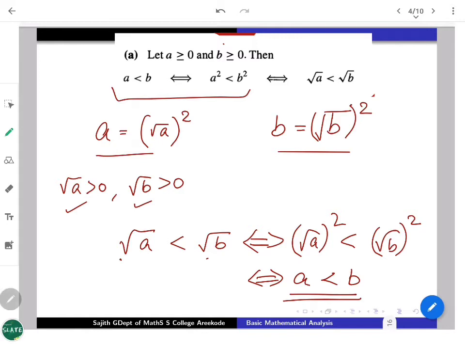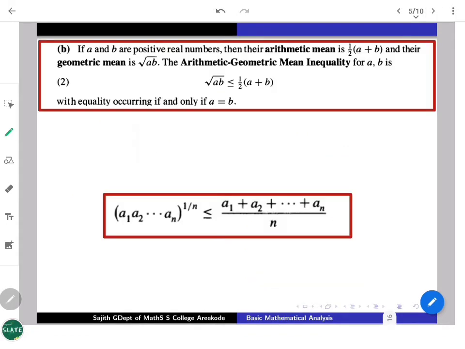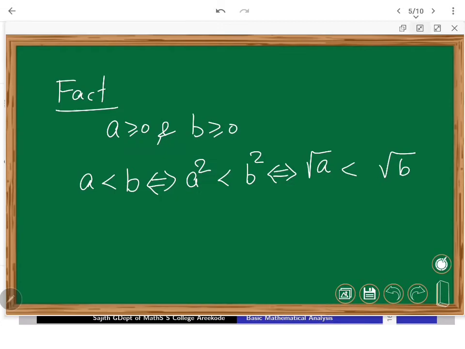Now let us look at another famous inequality, which also plays a very nice role in statistics, the arithmetic-geometric mean inequality. That is another fundamental one. So we'll try to look at it.